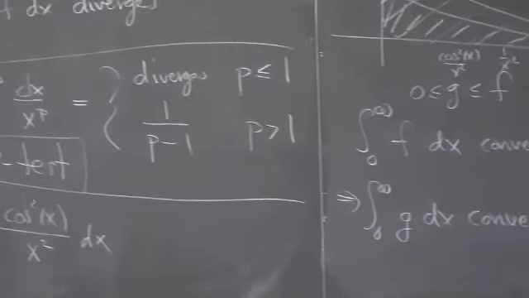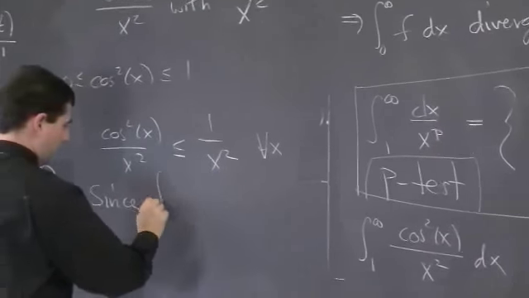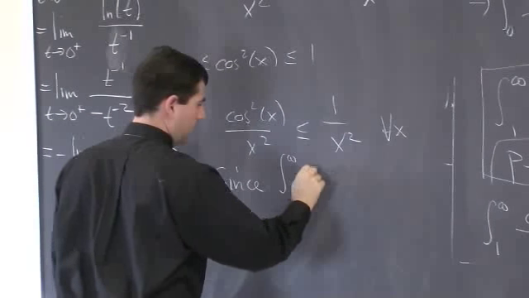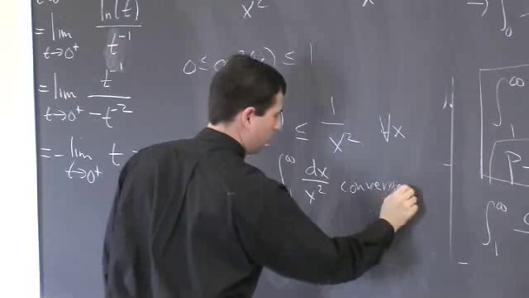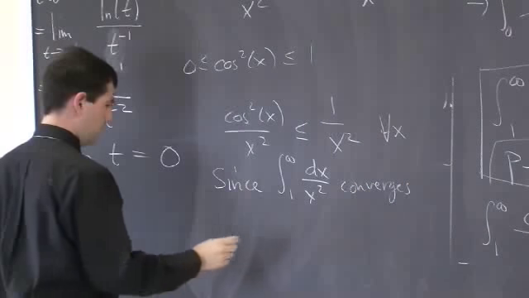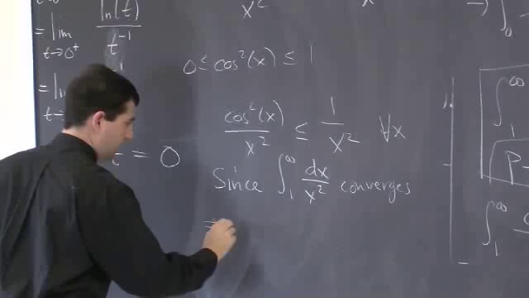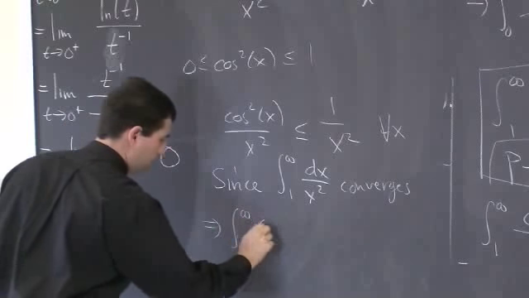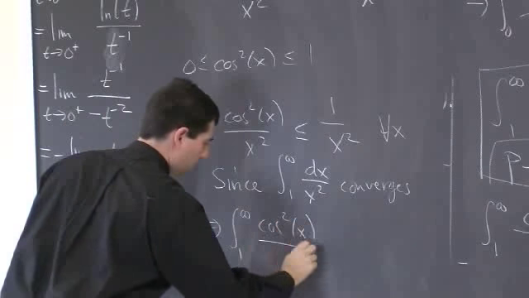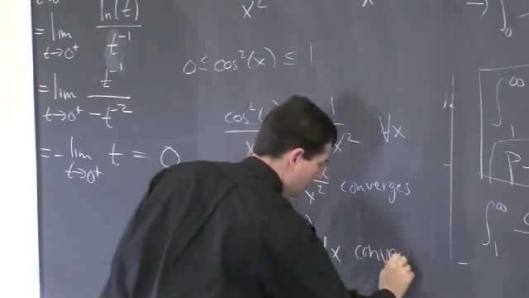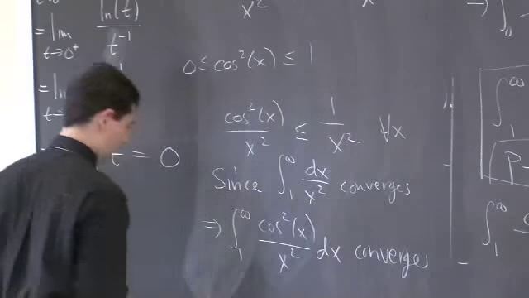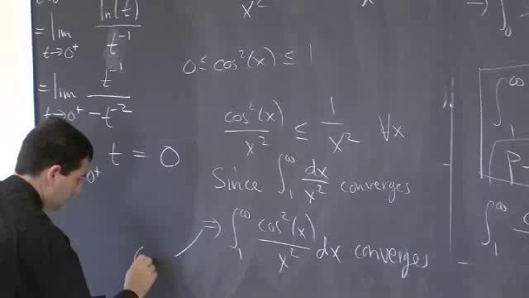So since the integral from 1 to infinity dx over x squared converges, by the p-test, this implies that the integral from 1 to infinity of cosine squared x over x squared dx converges. And this implication is the comparison test.